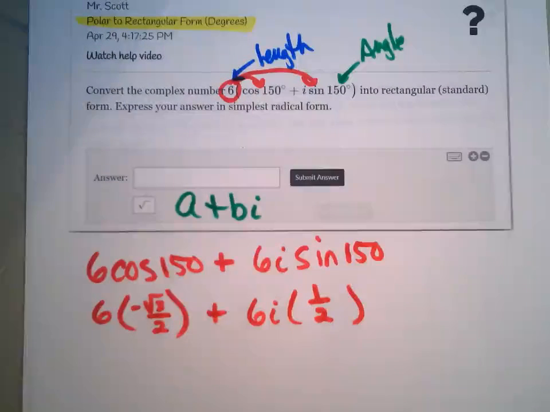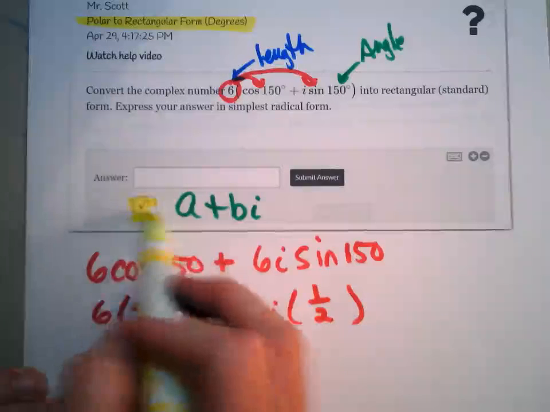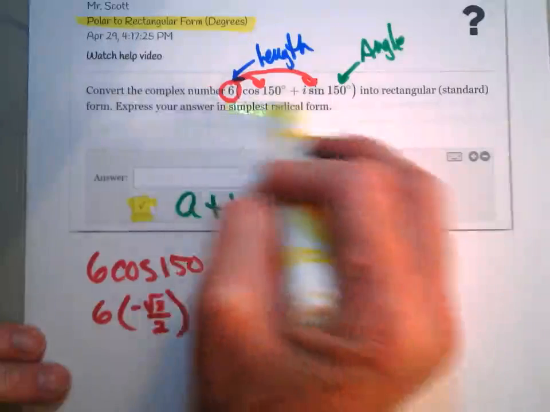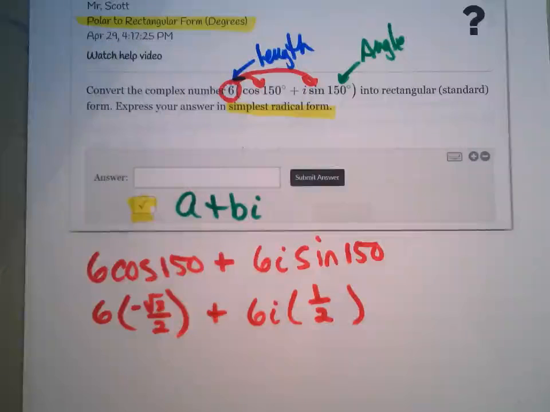All right, so now one thing about these problems is, if it's got a radical and it doesn't fully simplify, then don't turn it into a decimal. It says express in simplest radical form, so we want to make sure that we just leave the radical there.